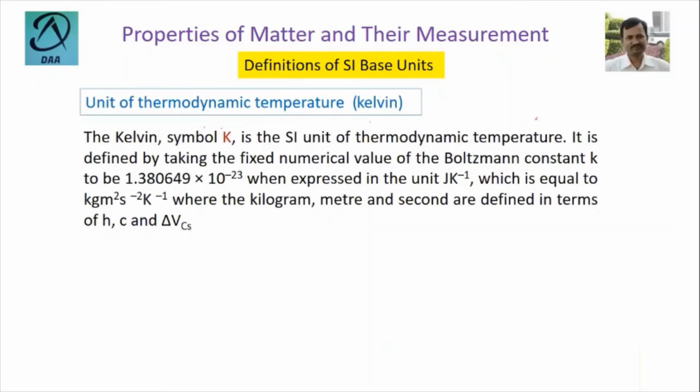Now, unit of thermodynamic temperature, which is Kelvin. So, Kelvin is symbolized by capital K as per the SI system, and it is defined by taking the fixed numerical value of the Boltzmann constant, small k, to be 1.380649 multiplied by 10 to the power minus 23, and its unit is J K to the power minus 1.